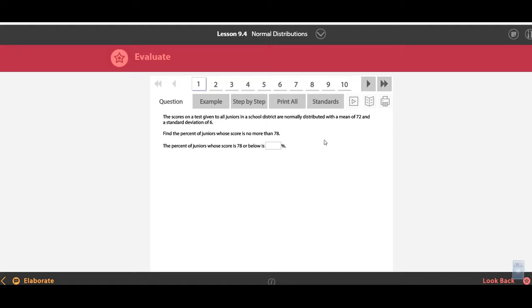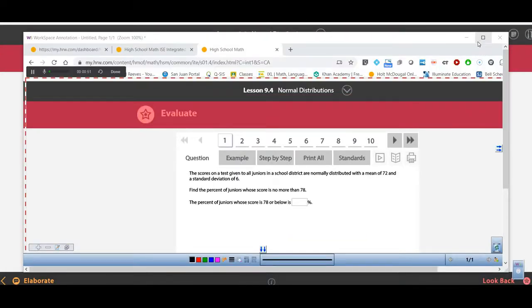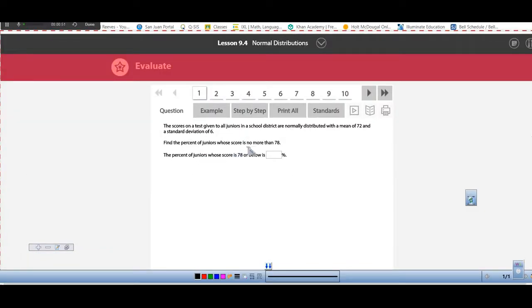All right, so real quick, let's make sure we're clear on the meaning of "no more than." So no more than would mean it can't be more than 78, but it could be 78. So we want to be less than or equal to 78.